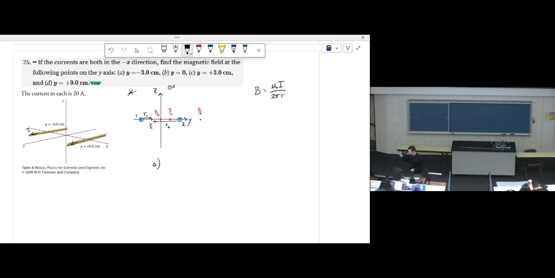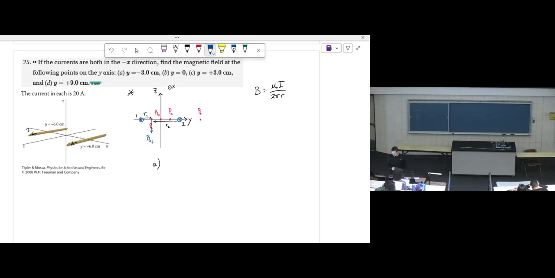Would it be down? I reach out to the point. Yes. The magnetic field due to wire 1, so let's call this BA1, is going to be down.